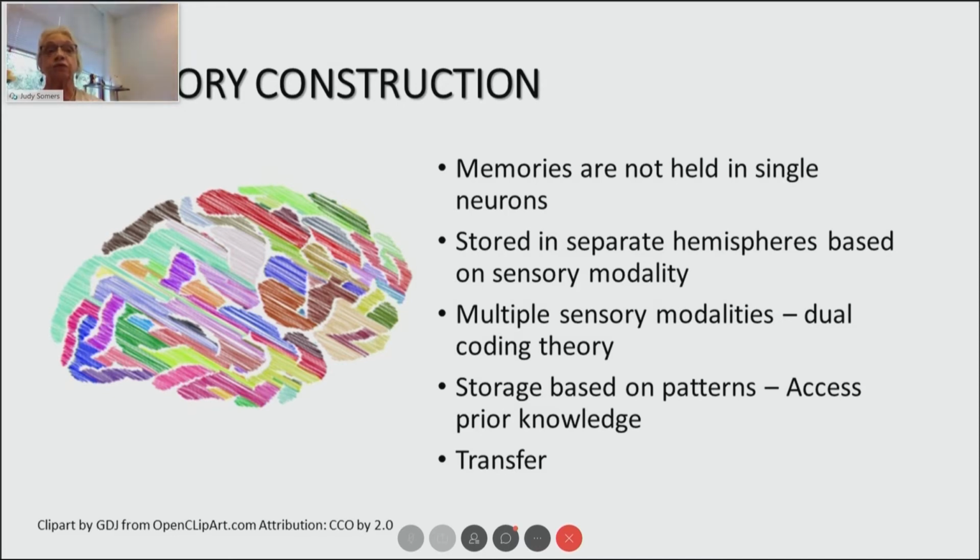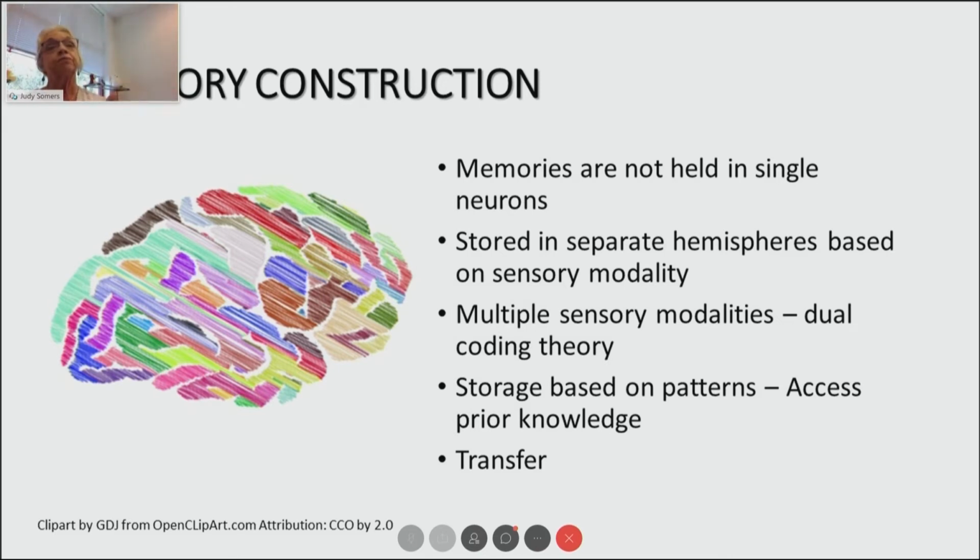And so storage within the brain is based on the patterns. Remember, we said sending the information to finding something to attach it to that makes that connection, makes that pattern, allows us to provide them with ways to access the prior knowledge.